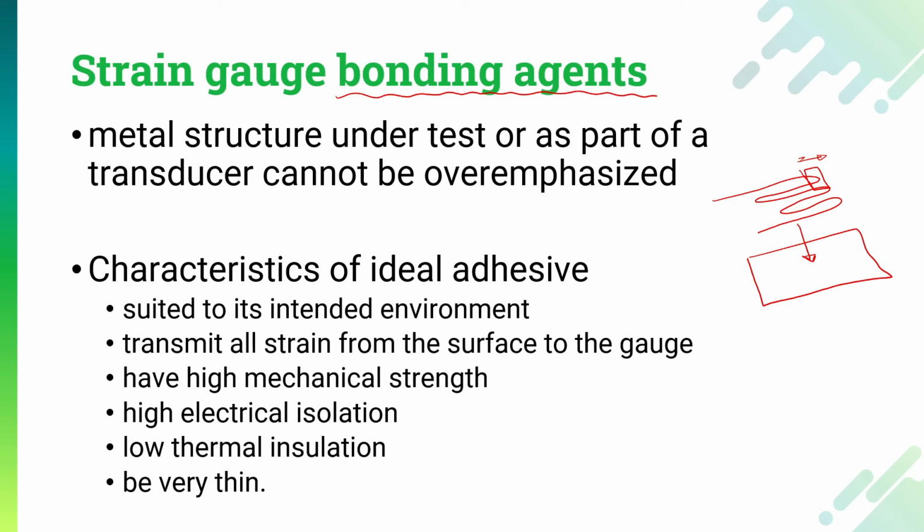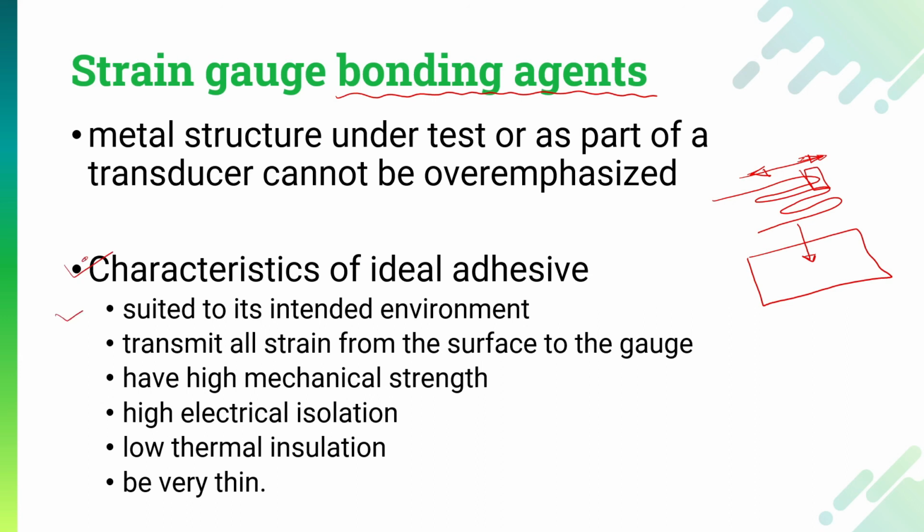All parts should be properly bonded together in such a way that the strain is distributed throughout the strain gauge, and that is why the adhesive should be good. The bonding agent should be good. So let us check out the characteristics of the ideal adhesive.